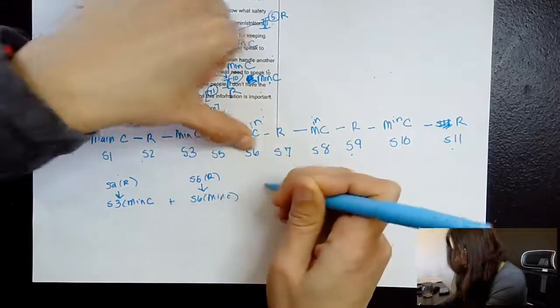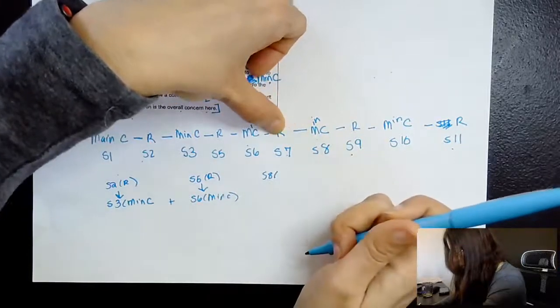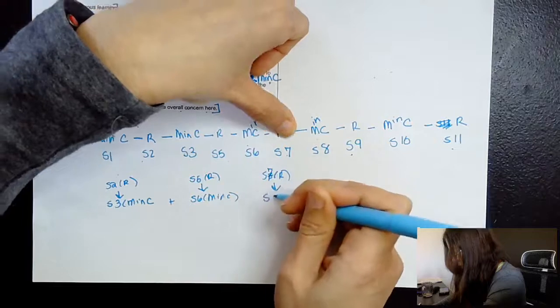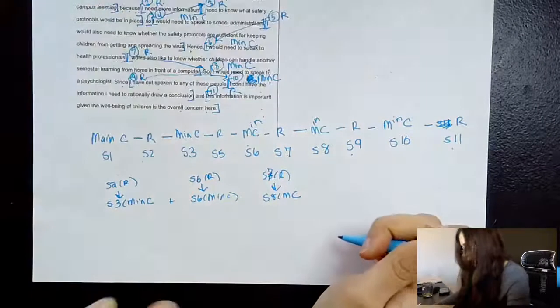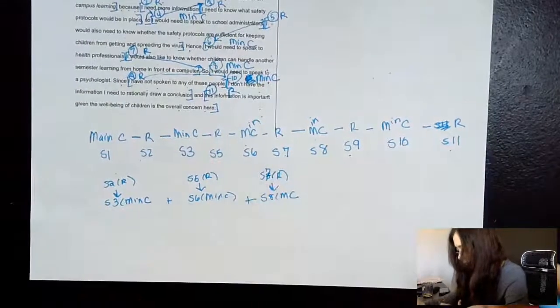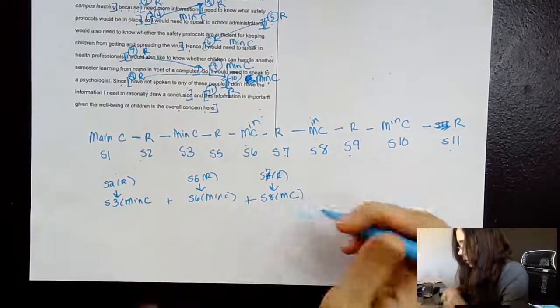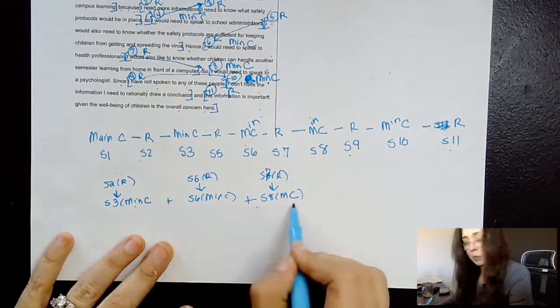And then S7, a reason, is given in support of S8, a minor conclusion. Okay, so you've definitely got all of these. All of these are about information that they don't have. Plus, just for now, means that all of these minor conclusions are working together.